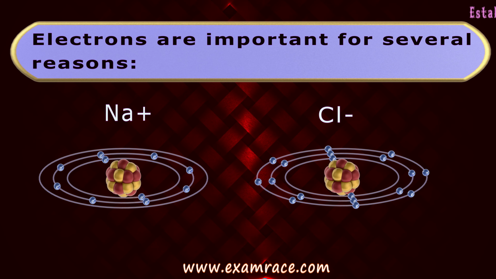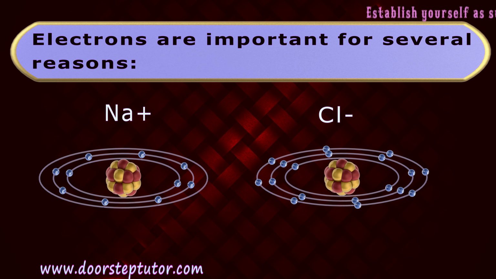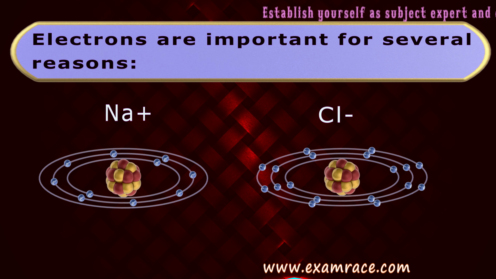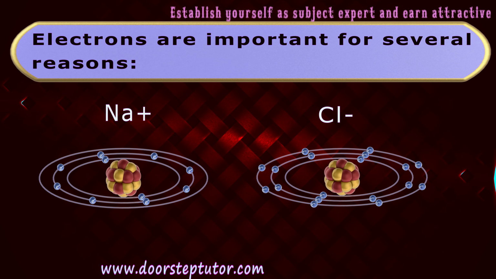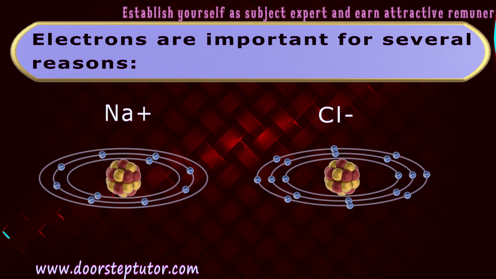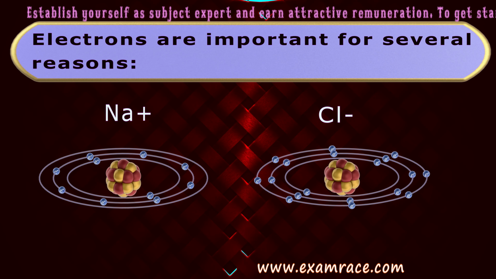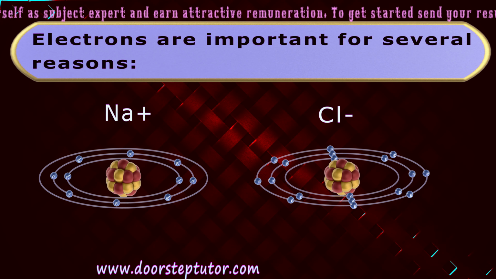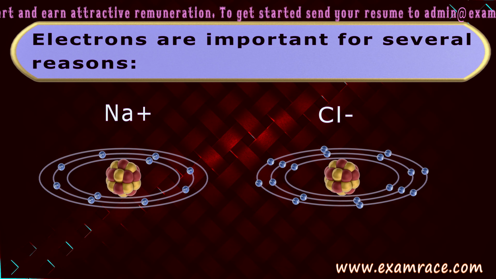See, sodium has a positive charge on it. Why? Because we said that atoms, when they have an equal number of protons and electrons, have a neutral charge. Okay, they have no charge. But here in the sodium atom, because it has given its one electron to chlorine, the number of electrons is less and the number of protons is greater.